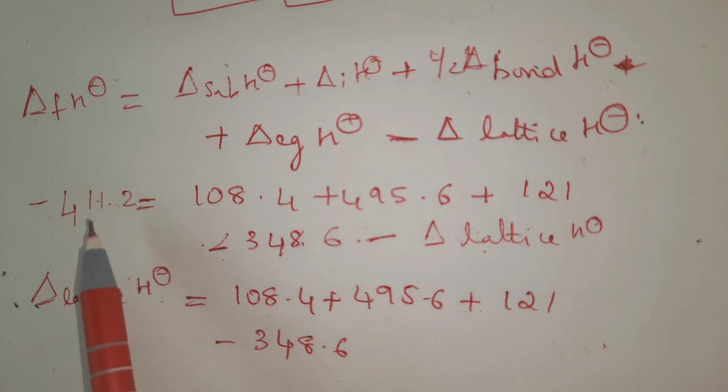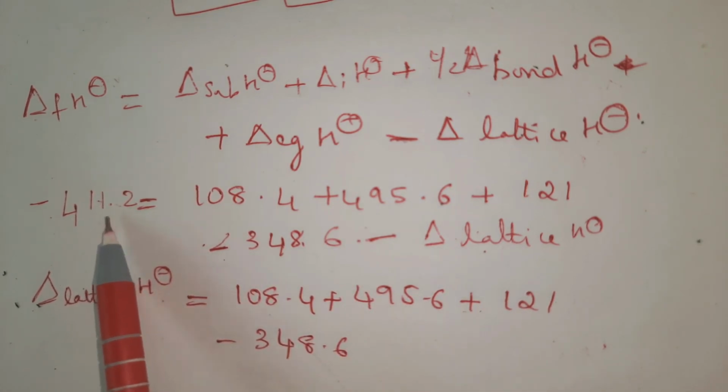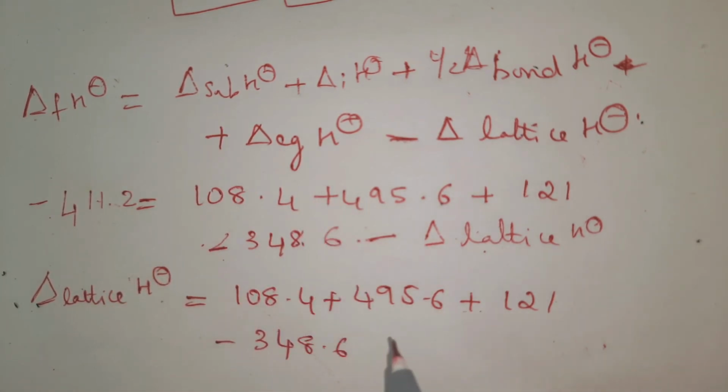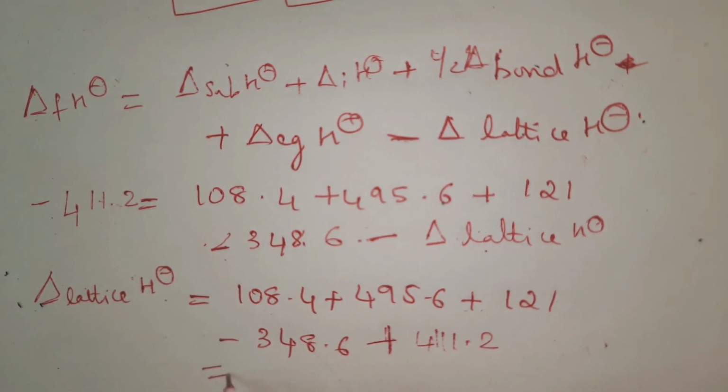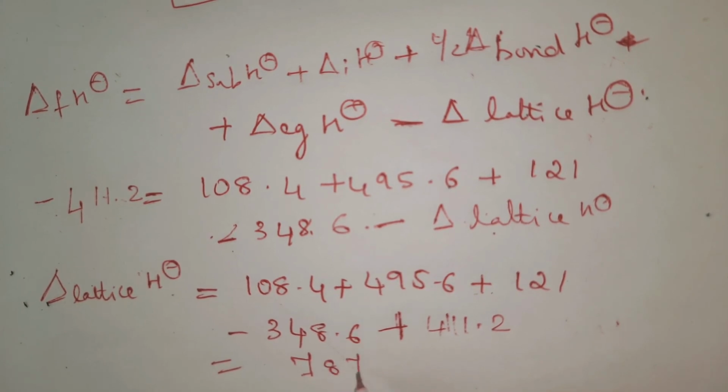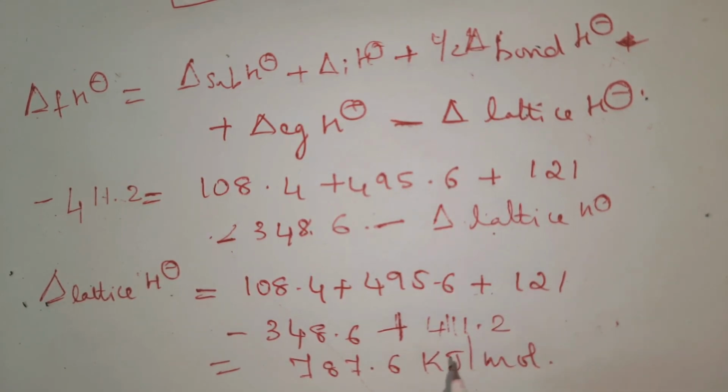Then you have the enthalpy for the formation, and when it comes to this side, it becomes plus 411.2. Now when you solve this, you will get the answer as 787.6 kilojoules per mole. So this is the value for lattice enthalpy. This is how you find the value for lattice enthalpy.